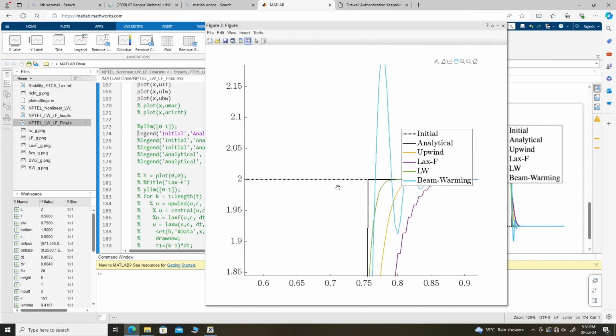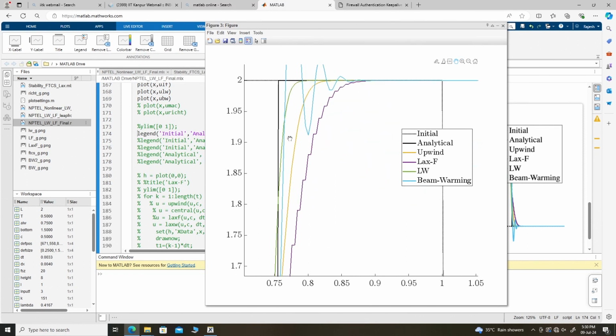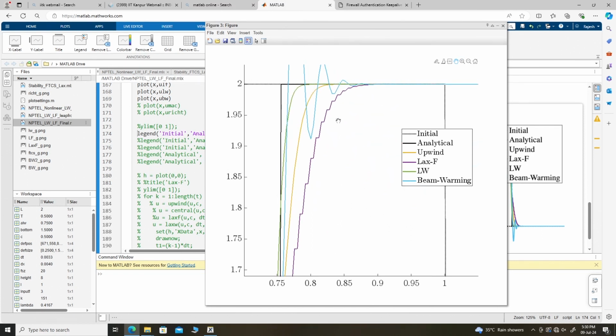You can see here at the corner. The Lax-Friedrichs has dissipated the most. Then we have the upwind and then we have the Lax-Wendroff. And Beam-Warming is showing some oscillations here.